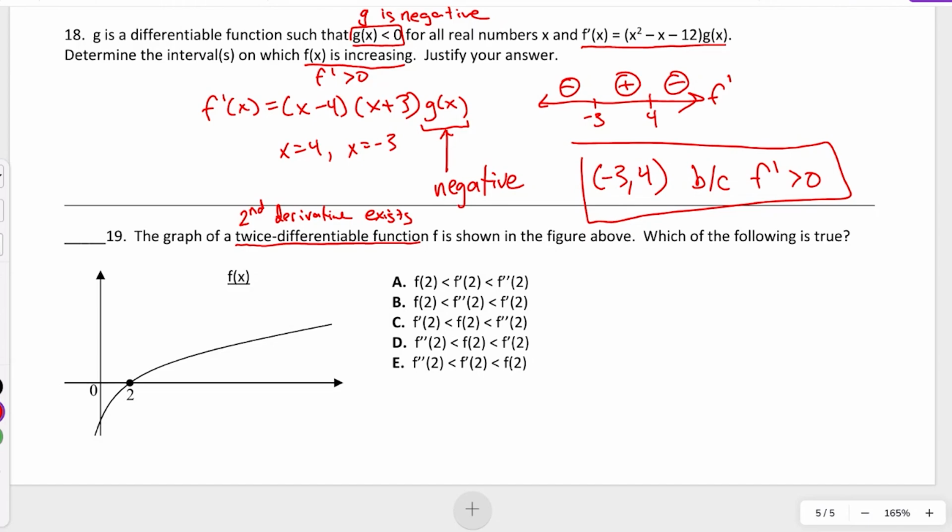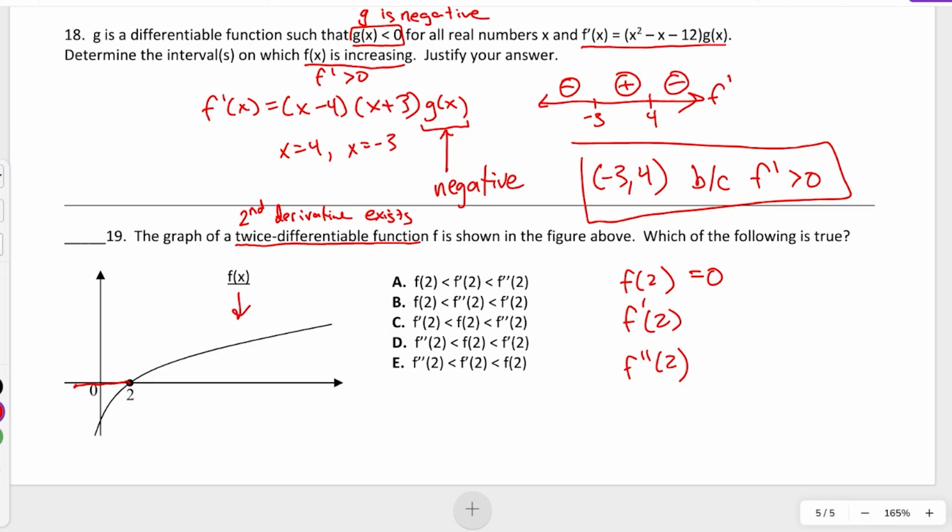Okay, so at 2, let's talk about the value of f, f prime, and f double prime. Okay, so f of 2, we can see on this function, this is a graph of f, is exactly 0. Okay, it's on the x-axis, it's an x-intercept.